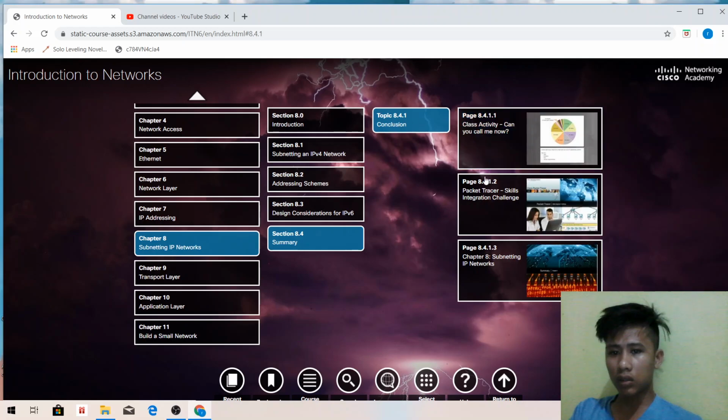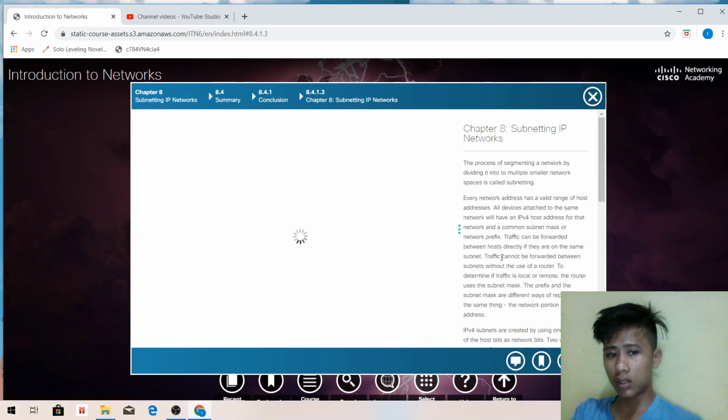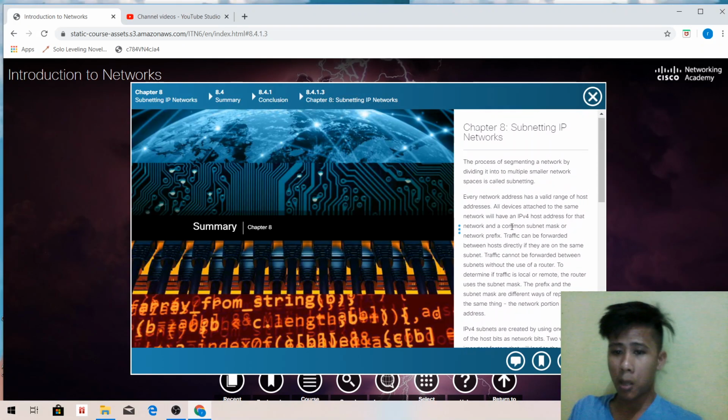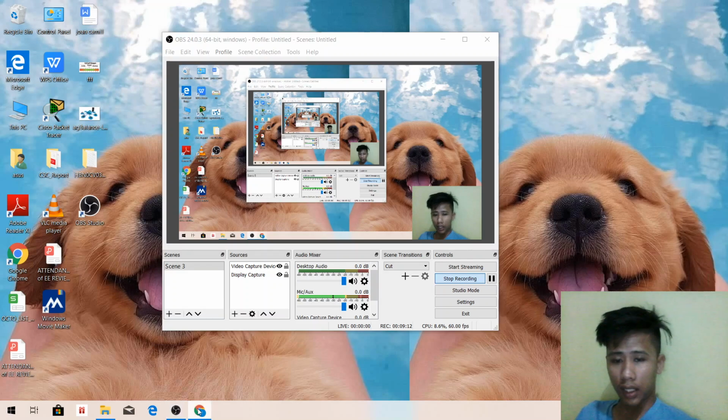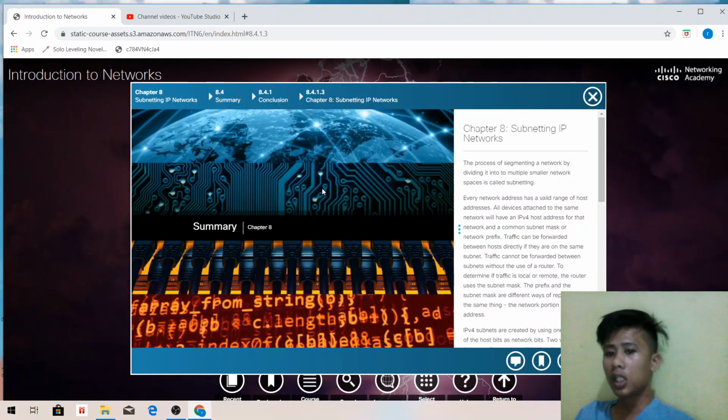So, in conclusion of this chapter, the process of segmenting a network by dividing it into multiple smaller networks is called subnetting. Every network address has a valid range of host addresses.